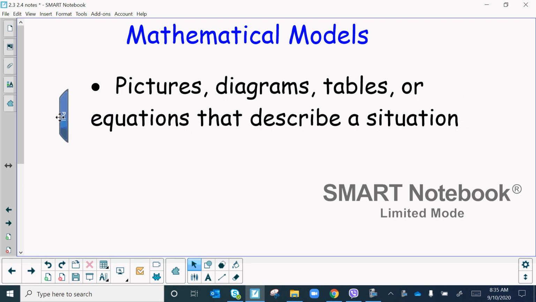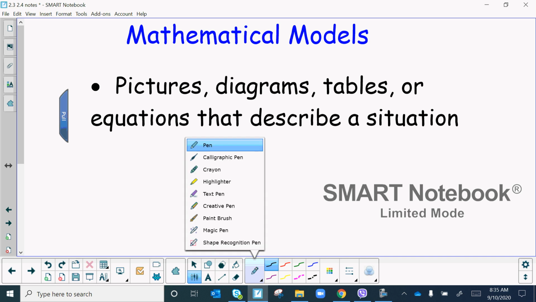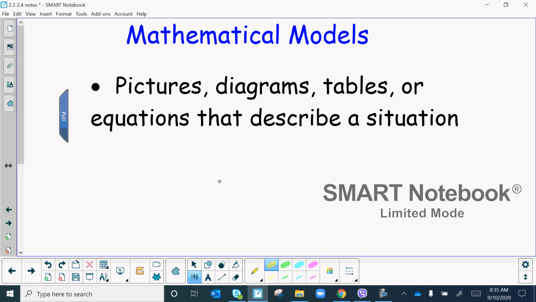So mathematical models are pictures, diagrams, tables, equations, all of that we can use to describe a situation. Okay, and so we're going to have some situations, some type of story problem, word problem, that you're going to want to use these mathematical models to help yourself solve.